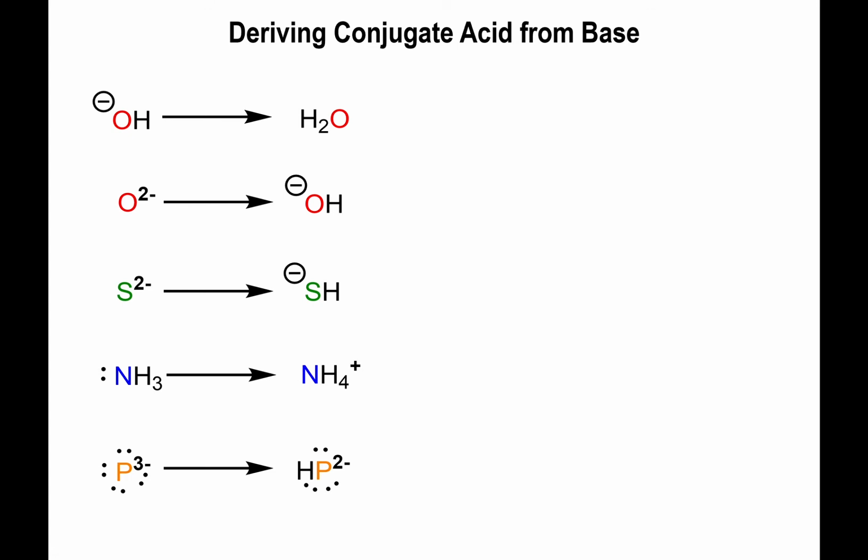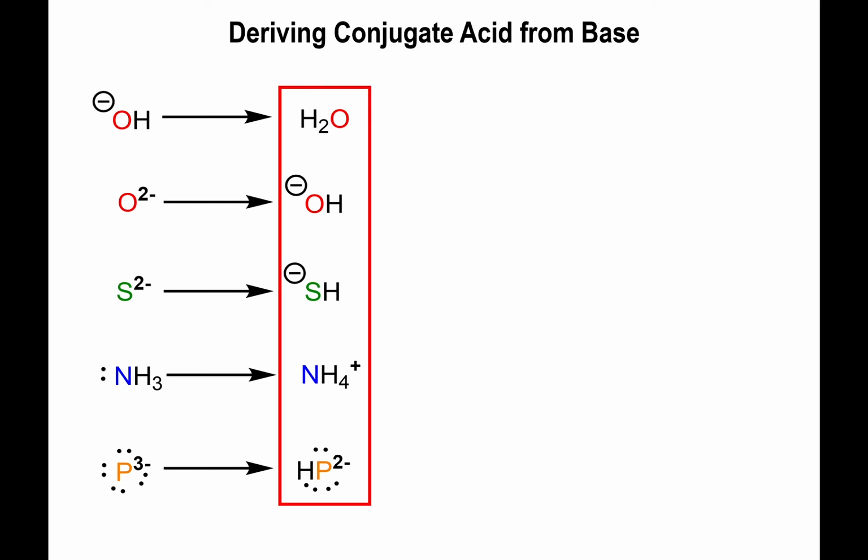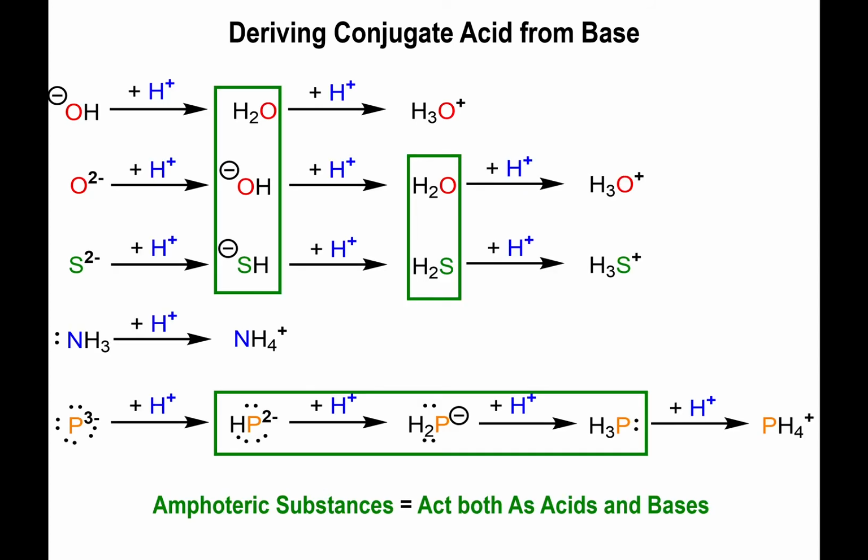Now for some of these substances, you can actually go forward. In fact, you can start adding more H's and more H's until you get to a positive charge for the entire molecule. But the idea right here is that you can add one more H+ and you increase the charge by one more unit to derive the conjugate acid of the substance. Some of these substances can continue taking up protons even further, right?